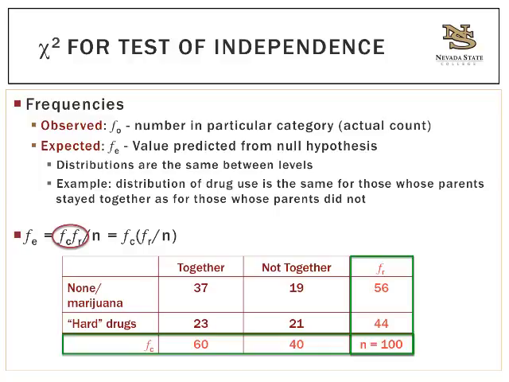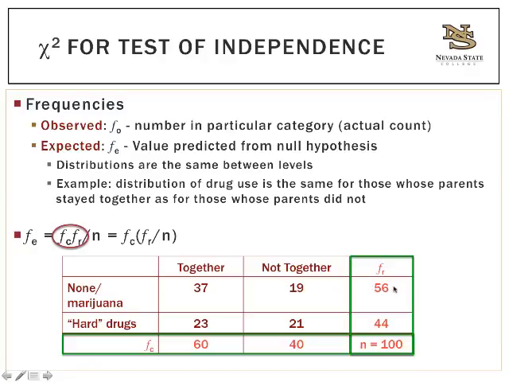So here is what I'm talking about when I break this formula up into this formula here. What we're going to do with our expected frequencies is take into account the proportions of people that we have in each of the levels. So here's the example. We had 56 people who said that they didn't try any drugs or only tried marijuana. So that's 56% if you think about it, because we had 100 people in our sample.